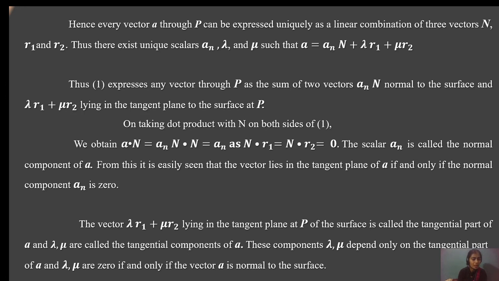Then we obtain A dot N equals alpha N dot N, and alpha is called the normal coefficient of A. The vector lambda r1 plus mu r2 lying on the tangent plane is called the tangential part of A, and lambda and mu are called the tangential components of A. These components depend only on the tangential part, not on the normal part. This is the basic concept of the tangential and normal parts.